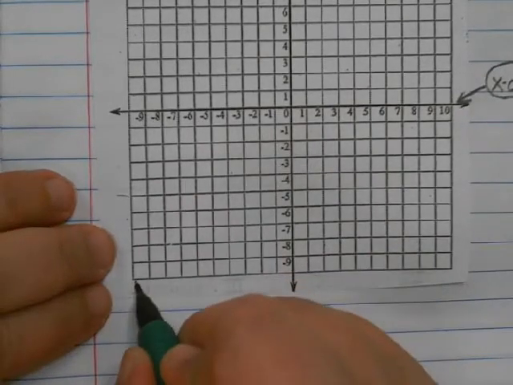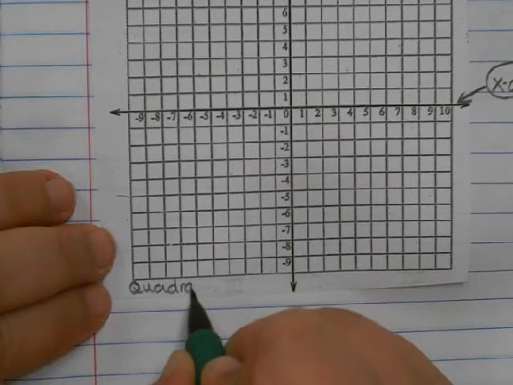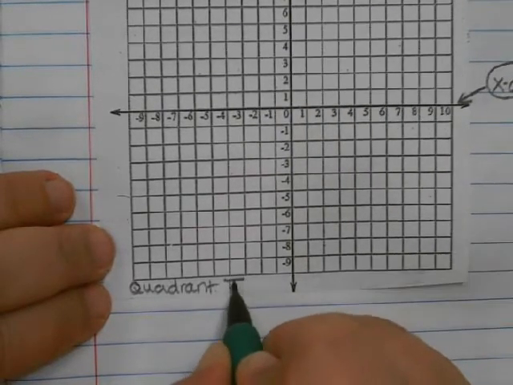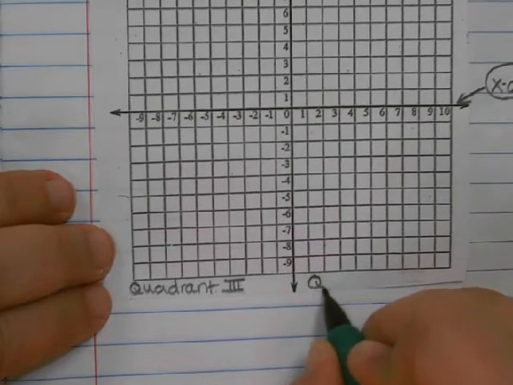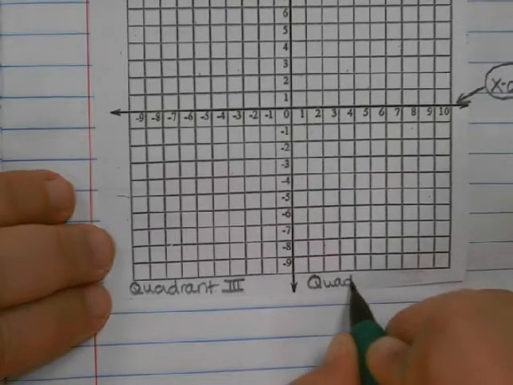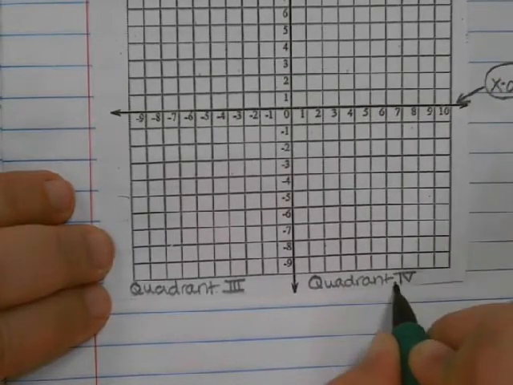The bottom left is quadrant 3 with 3 capital I's. And then finally is quadrant 4, and that is capital I, capital V.